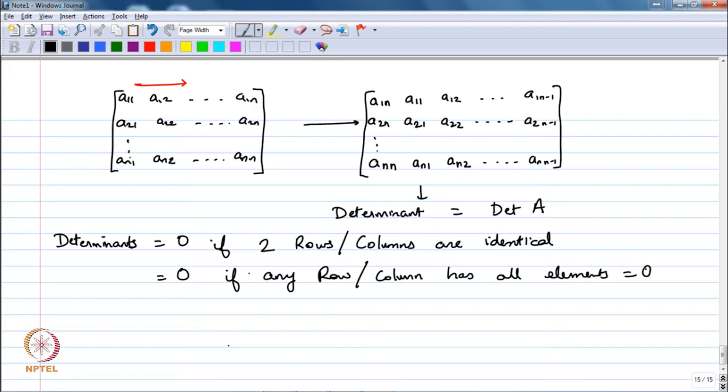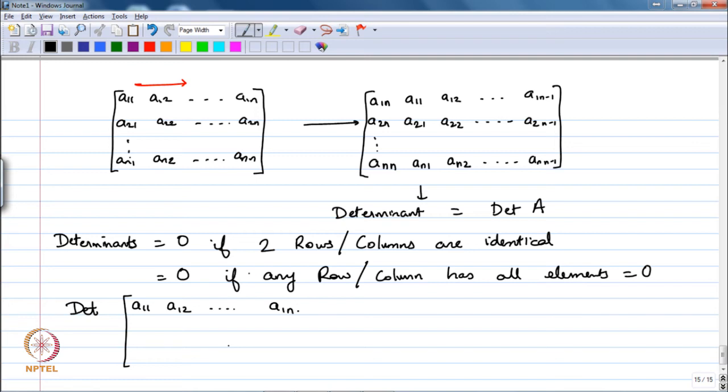And what this implies is the determinant of the following. Let us say you have A11, A12 up to A1n.